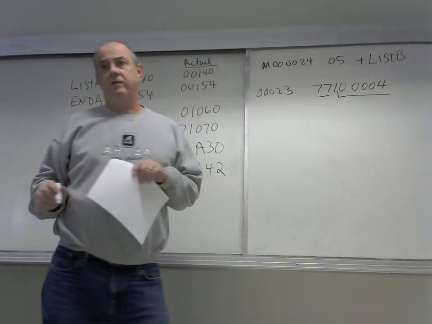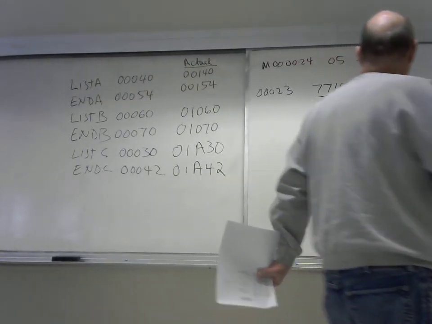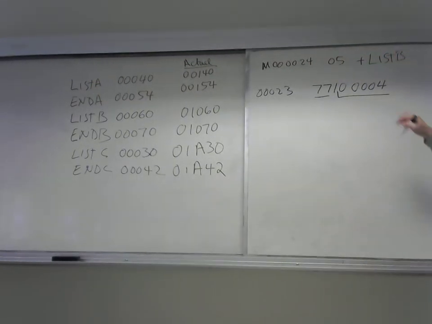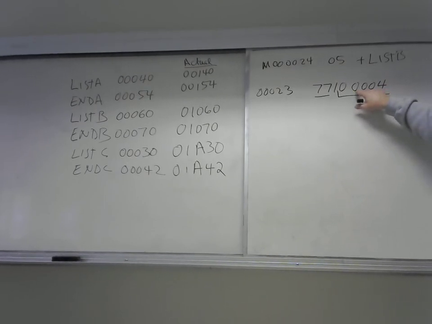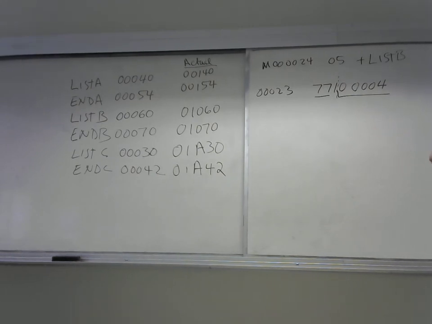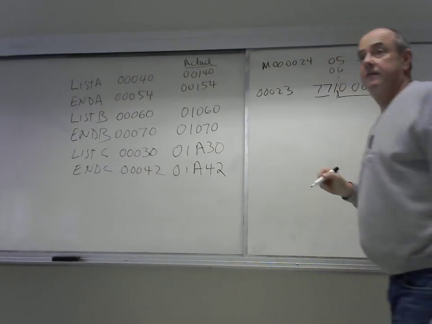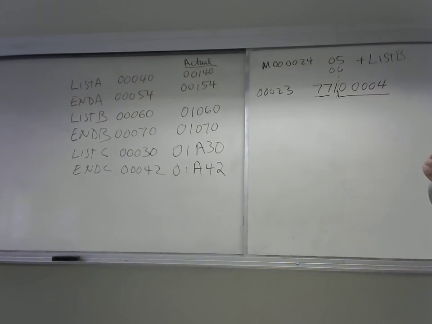That has to change. You with me? After the 1, we have 20 bits, 5 digits. 1, 2, 3, 4, 5. This is the half byte. This is the half byte. Now you may see an 06. How would that happen? Because addresses are 20 bits, not 24. Well, we'll do that next.